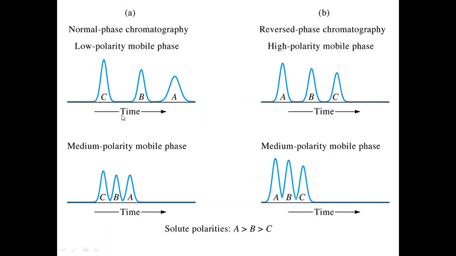Even if a medium polarity mobile phase is used to perform NP-HPLC and RP-HPLC, you can see the overlapping, or the degree of separation, of the solutes C, B, A. If a medium polar mobile phase is used, no baseline resolution is obtained here. There is no baseline resolution. And the same mobile phase is also used here, and the baseline resolution is not satisfactory here either.